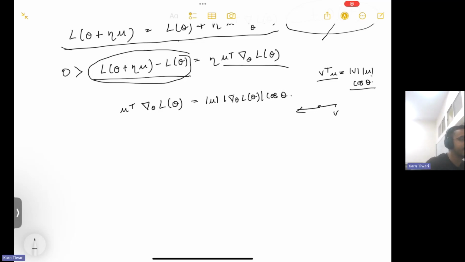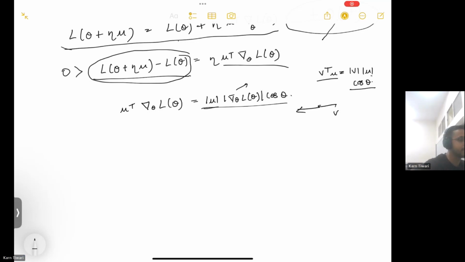This quantity will be negative only if the direction of del L theta is given to us already, and we want to follow a direction, meaning u was unknown.